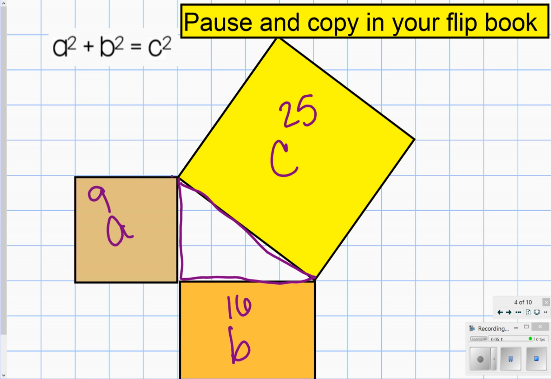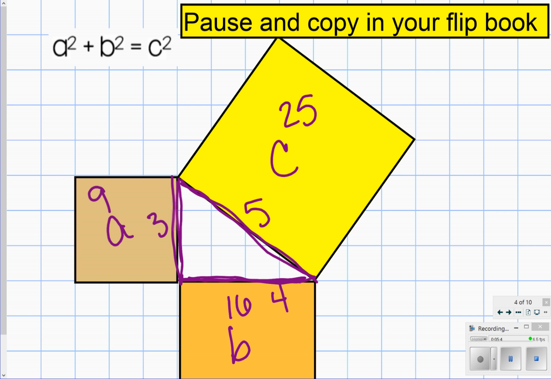One side is the square root of 9, which happens to be 3, for this leg, and the square root of square B, which is this side of our triangle, is 4. There we go. And then it makes our longest line, which is line C, and that would be one side of our square, the square root of 25, and that's 5.